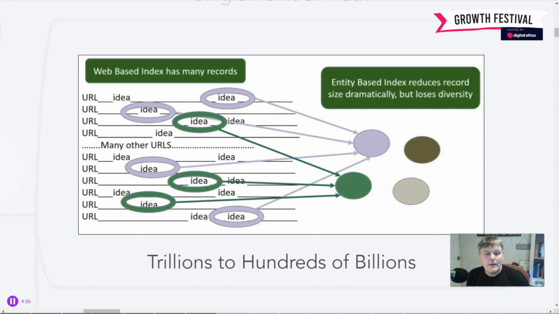It does, however, lose a little bit of diversity and nuance, but it ultimately reduces the size of the index from trillions of records to billions or hundreds of billions of records, which is a massive reduction given the amount of data that we're now having to work with.